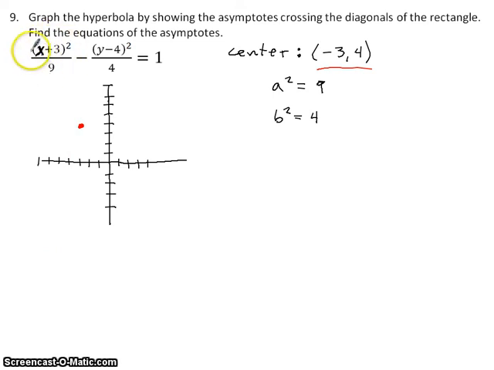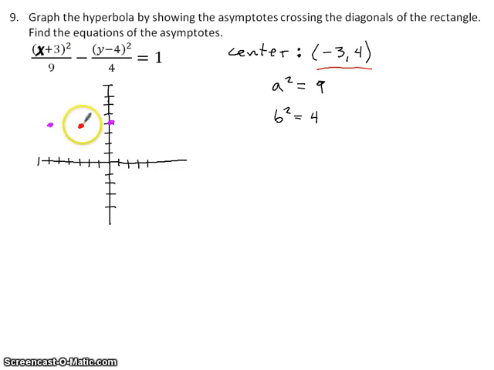Because the x squared is over the 9, that means I'm going to go out horizontally from my center and plot my a values. Okay, so I go out 1, 2, 3 to here, and I go out 1, 2, 3 to here, and that gives me the a value for the slope of my asymptote.